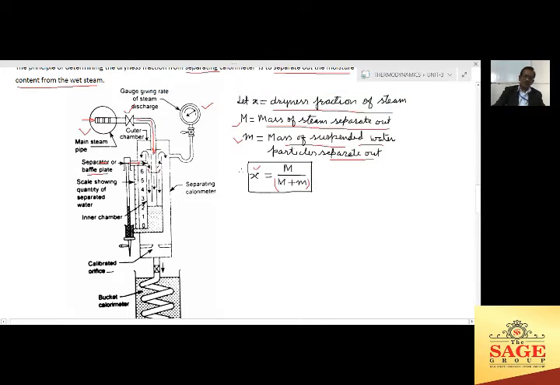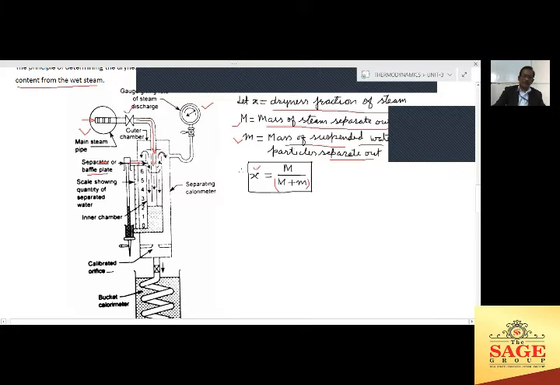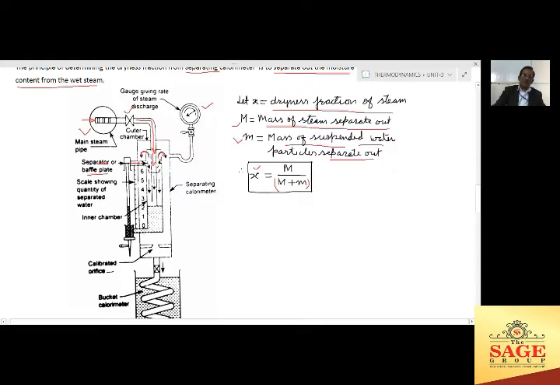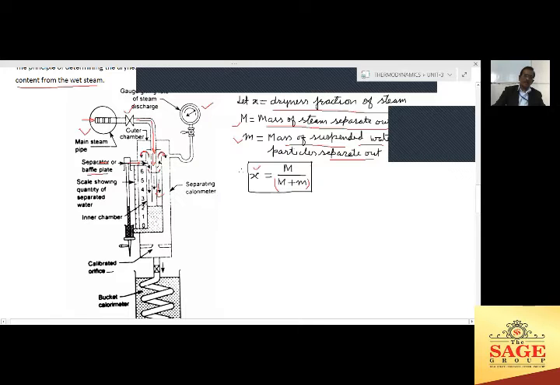When the wet steam comes here, it strikes this surface, and the lighter vapor particles are reflected back and move like this. So the vapor particles separate out, and the heavier particles, which are the water particles, move downward and are collected here. And here you can see there is one inner chamber.